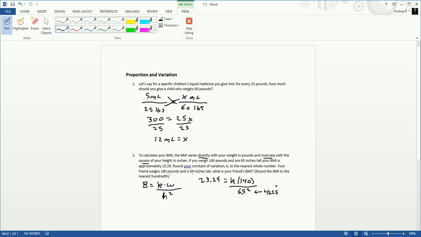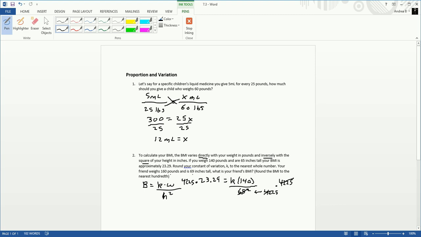And then we can multiply both sides by that denominator, 4,225, all in one step to help save us a little bit of room here and help eliminate an extra step. If you want to write them out in separate steps, you certainly can.